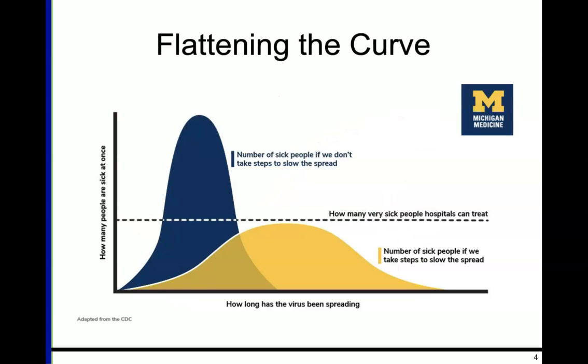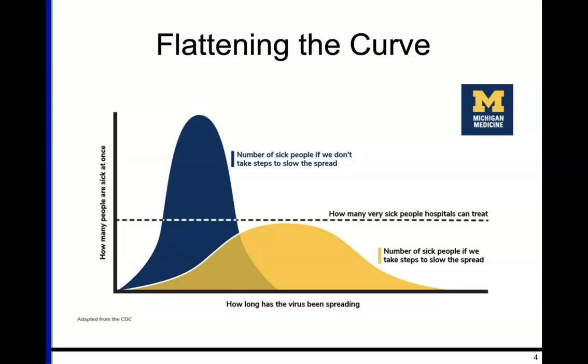This curve was shown to us back in March when everything shut down and we were all at home, weren't supposed to go anywhere. The reason that they, these doctors, these epidemiologists, people who study diseases for a living, told us this was the concern that if we don't slow down the spread of COVID-19, then we're going to overwhelm our hospitals.